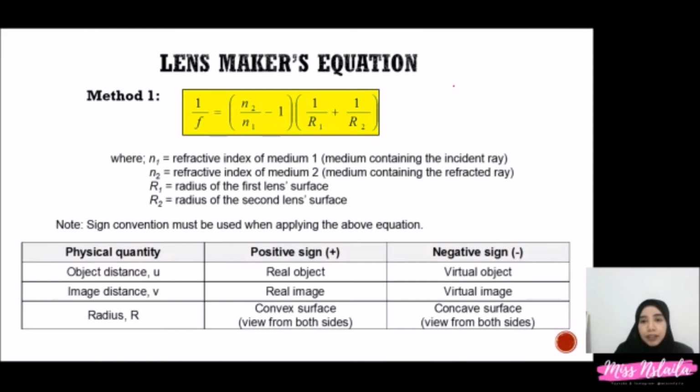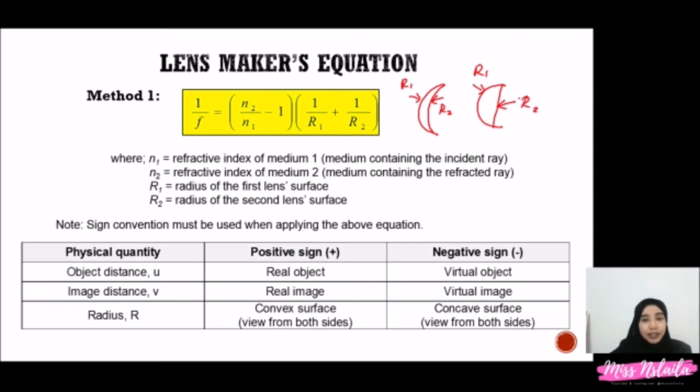For example, if I have this kind of lens, or this one, so this will be the R1, R2, and then this one will be R1, R2. The first surface will be R1 and the second surface will be R2.